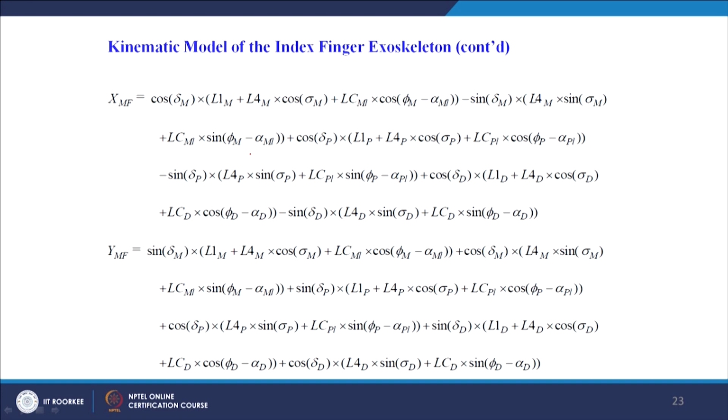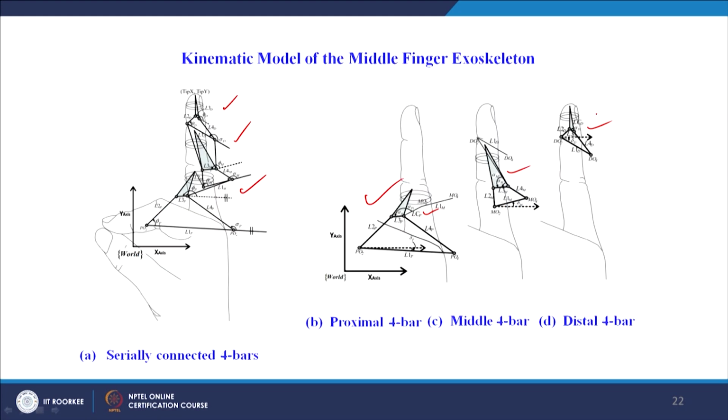And then likewise for the index finger exoskeleton, the tip forward kinematic equation for the middle finger exoskeleton is given here, which is also a function of sigma, delta, phi, alpha of the 3 4 bar mechanisms, that is proximal, middle and distal of the middle finger.